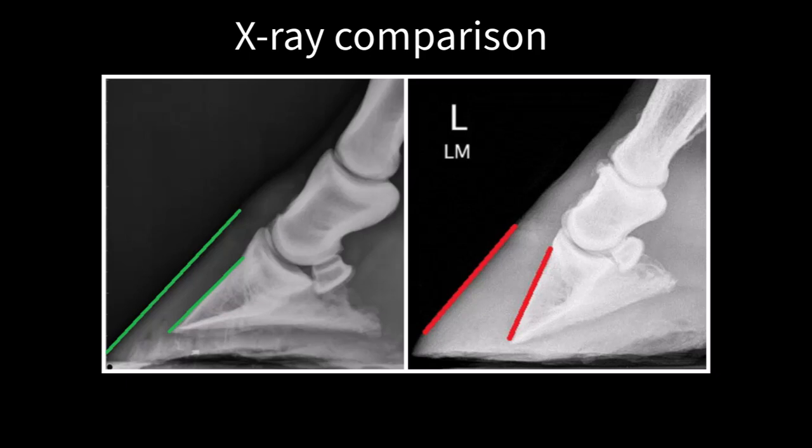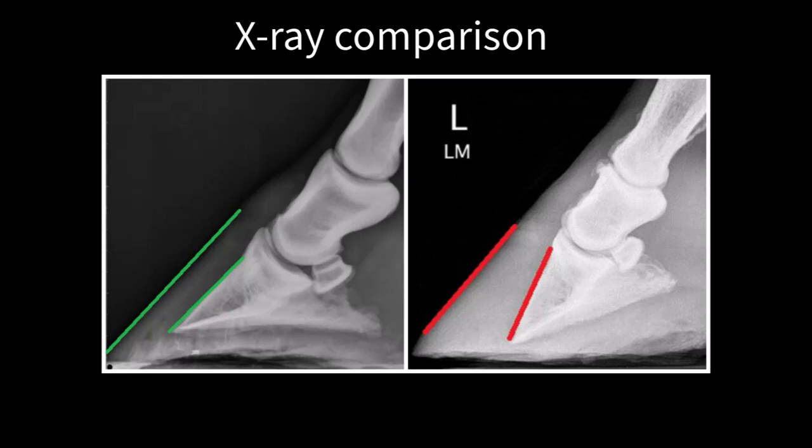If the horse's cranial limbs, which are closer to your horse's head, are affected, they're going to rock back on their caudal limbs, which is towards their back end, so their hind legs, to relieve the pressure.